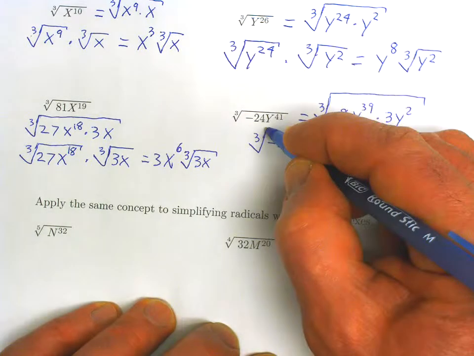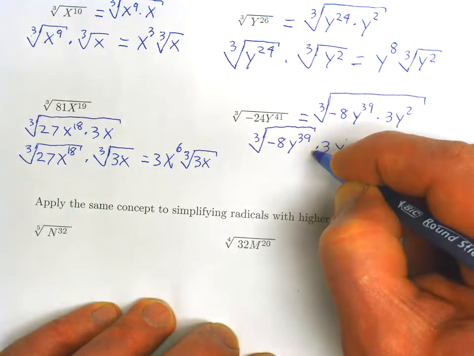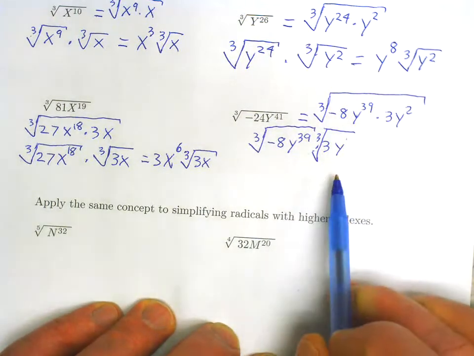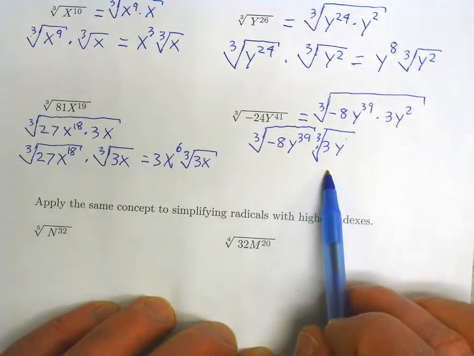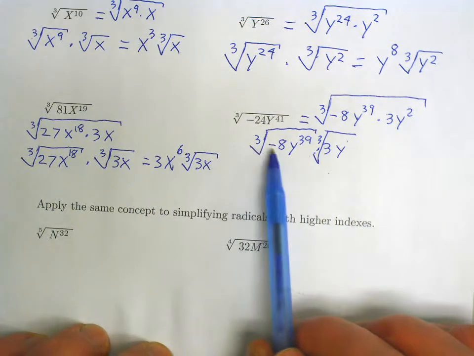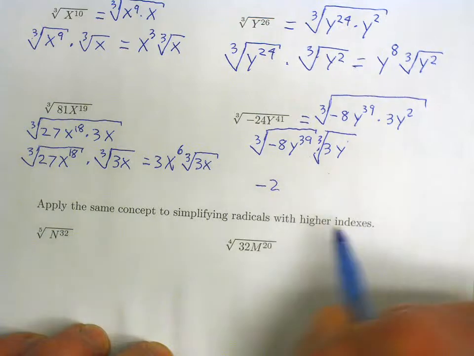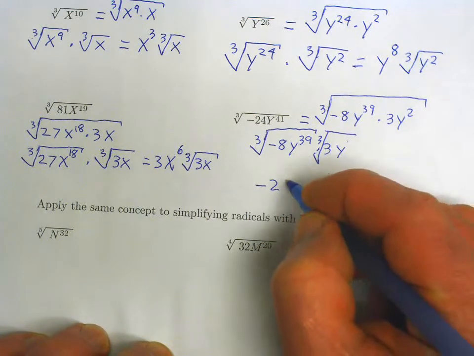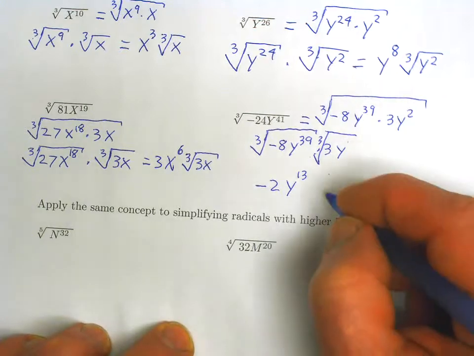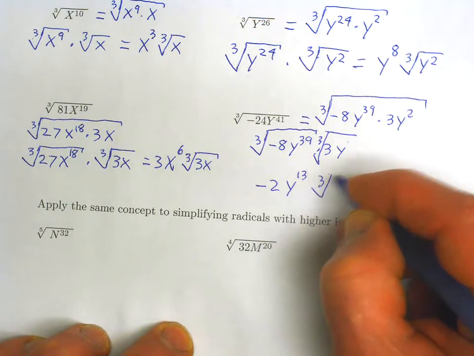Sorry, what I really want is multiplied by another cubed root of 3y, if you can read my sloppy writing. But in the next step, it should be clear. The cubed root of negative 8 is negative 2. The cubed root of y to the 39th is y to the 13th. And we multiply negative 2 times y to the 13th times the cubed root of 3y.